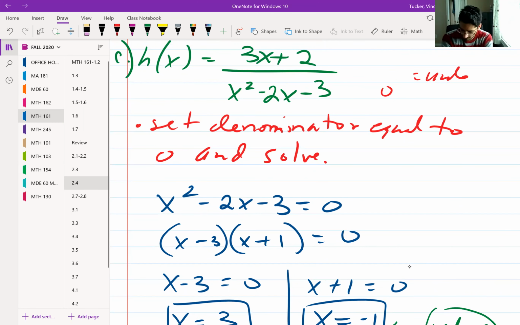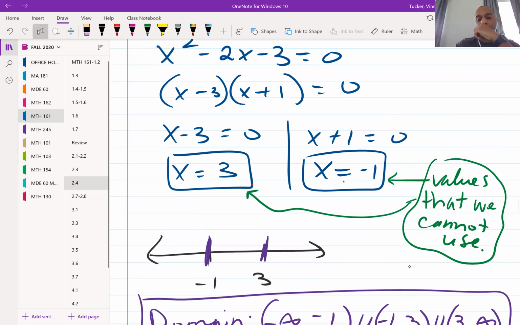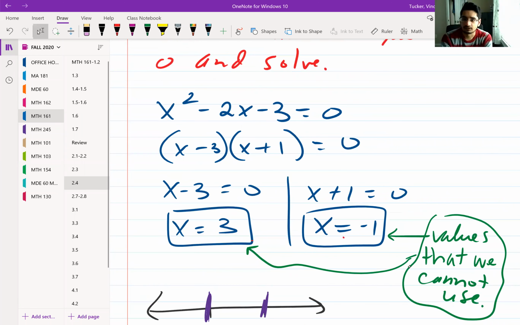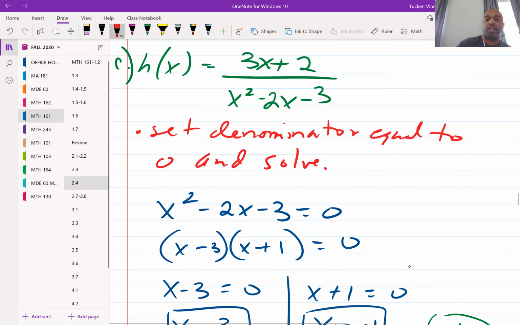And here we're talking about when it's greater than or equal to 0. The difference is, why are you trying to find these values? When I say I want to know when is my denominator equal to 0, it's a problem, right?